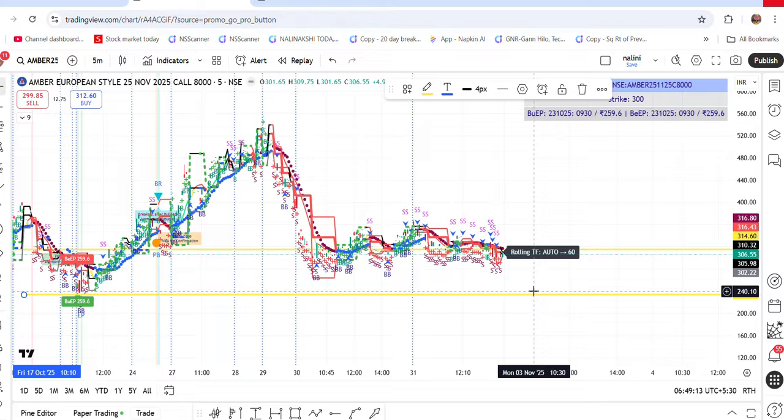Retailers cannot do this. So we are tracking that. We are trying to go along with the institutional money. So if you are along with the institutional money, you are going to be profitable. That is the idea for coding this indicator, to identify the institutional footprints.